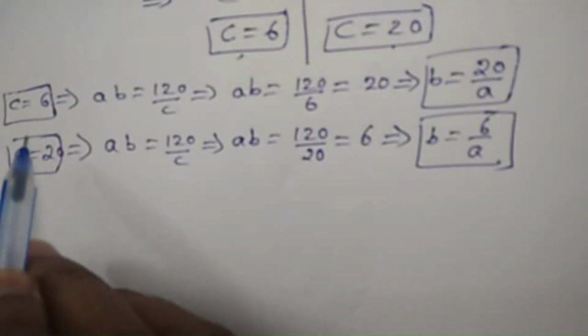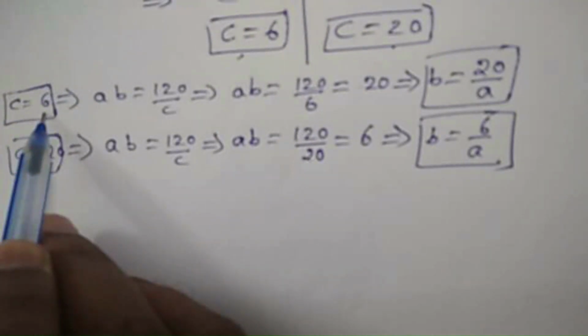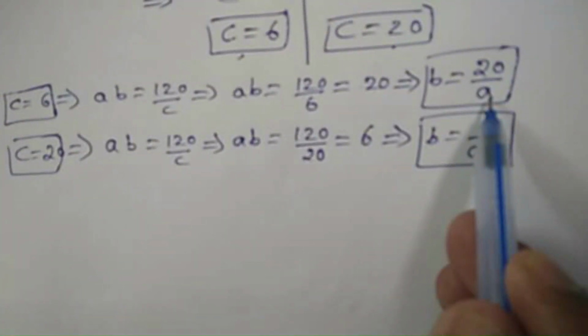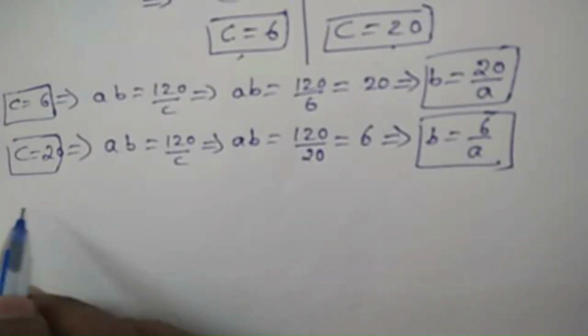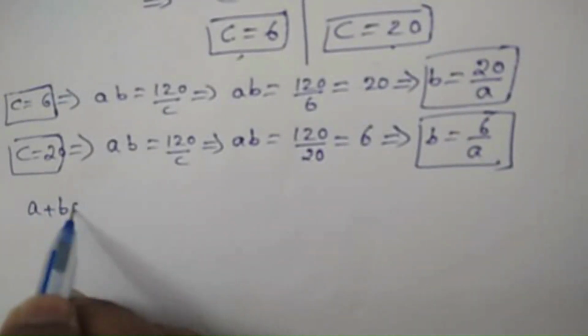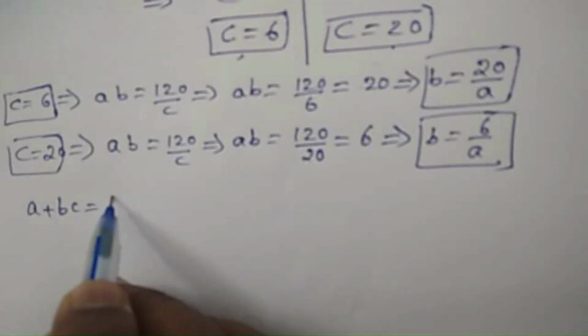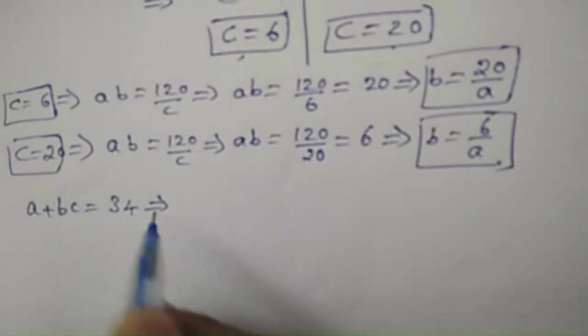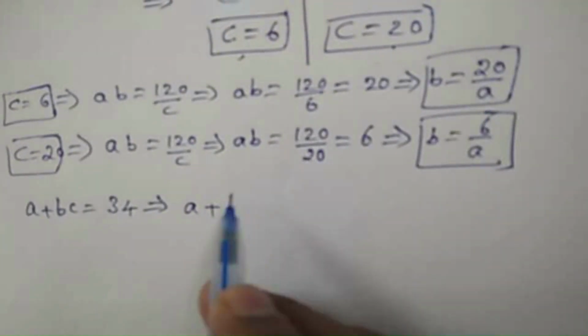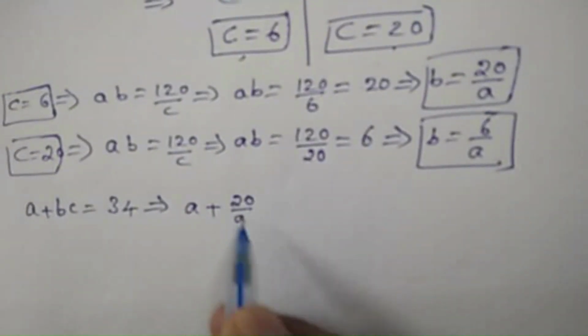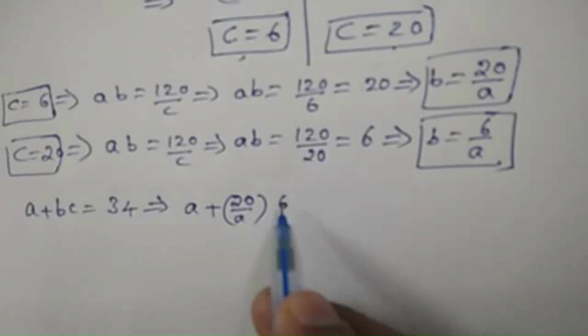Now take these values of c is equal to 6 and b is equal to 20 by a and substitute in the equation given to us, which is a plus bc is equal to 34. That implies a plus value of b is 20 by a, value of c is 6.